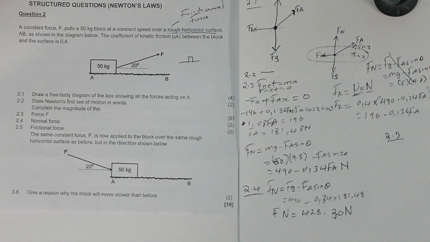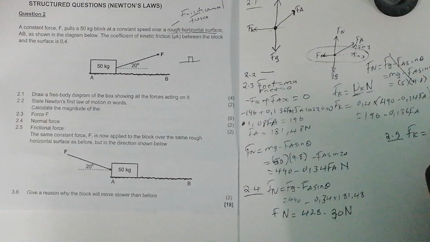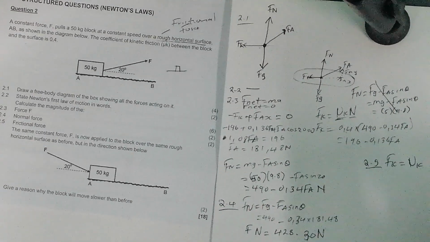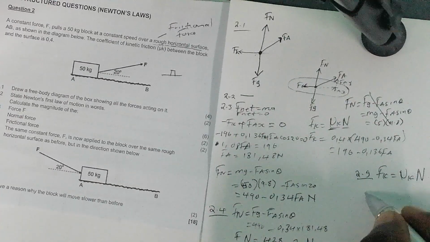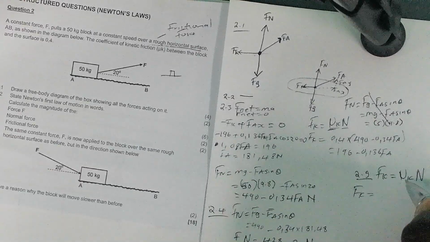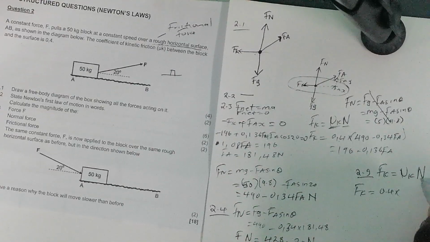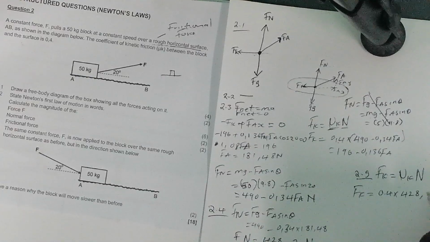They want us to calculate the value of the frictional force. Okay, we can use this formula. Fk equals mu k multiplied by the normal force. Therefore, we must find the value of Fk. We have the value of mu k, which is 0.4. Therefore, 0.4 multiplied by the value of the normal force, which is 428.30.